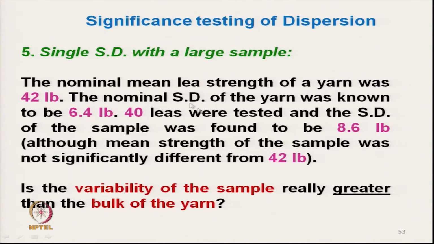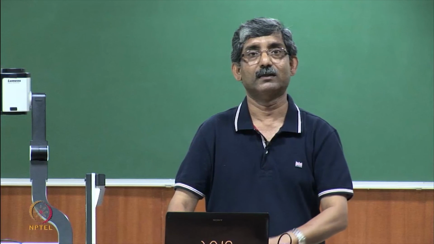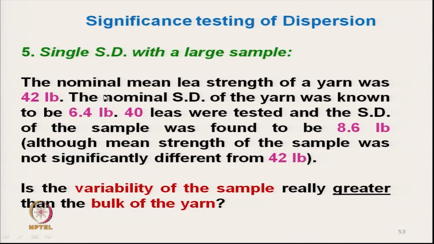Now, standard deviation with a large sample. The nominal count, this type of problem we have already discussed. The nominal mean lea strength of yarn was 42 pound, the nominal standard deviation is known to be 64 pound. 40 leas were tested, and the standard deviation of the sample was found to be 8.6 pound, although the mean strengths are the same.